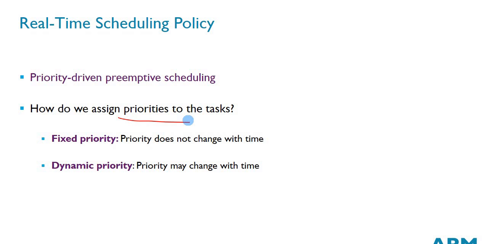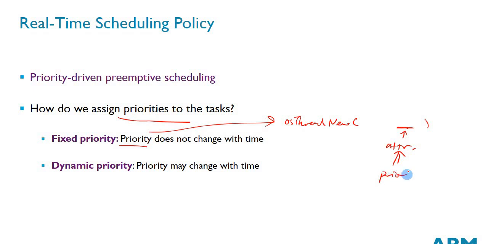In fixed priority systems, once I set the priority, which is done when I create the task. If you remember in our last tutorial 4, I mentioned that when we call OS thread new, one of the parameters is called attributes, and attributes has a few sub parameters, and one of them is priority.